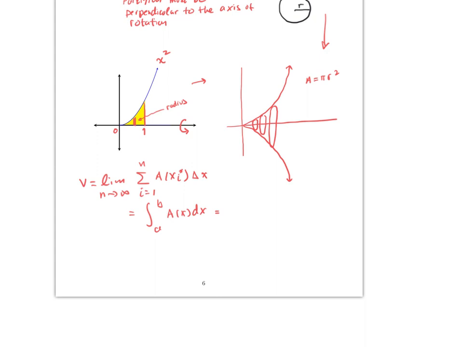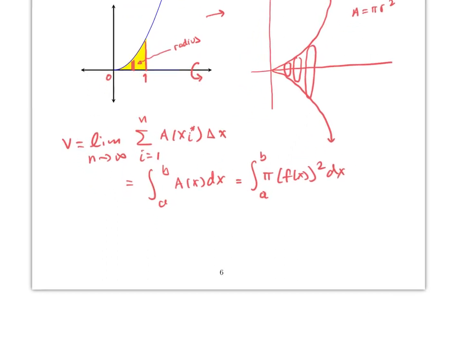So therefore, this is what you will call the radius. So in our case, if we use the formula for the circle, this will be just the integral from a to b, this is in general still, of pi times r squared.